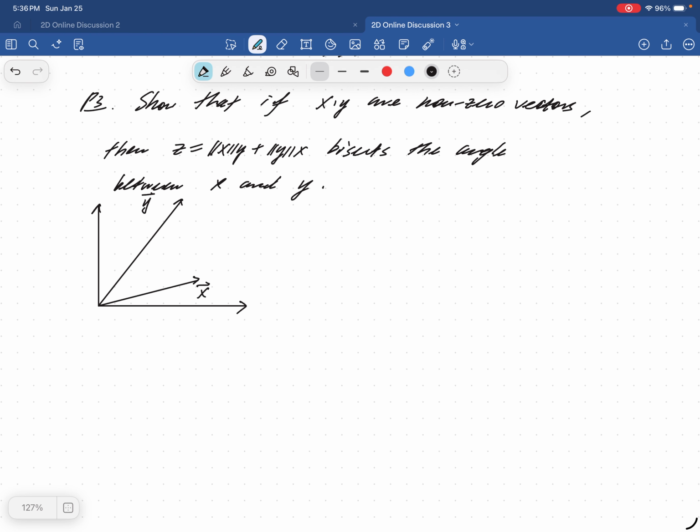Great. So let's first think geometrically. Let's first suppose for a moment that x and y are of the same length. So say y just stopped here. Then if I draw the line between my x and y, this is an isosceles triangle.